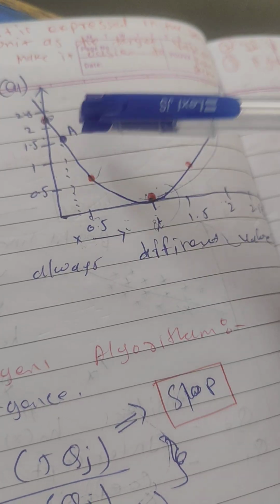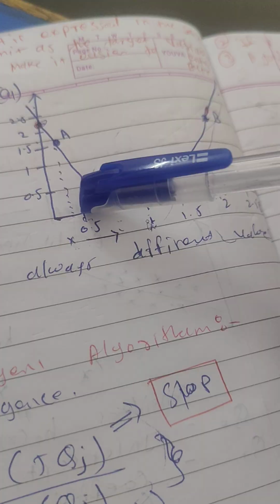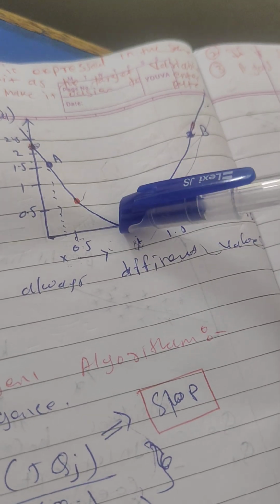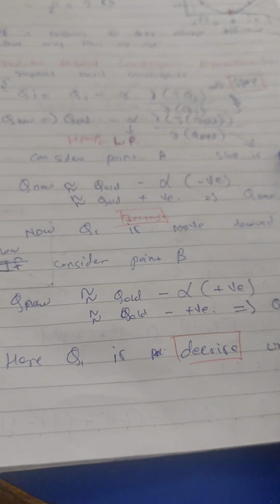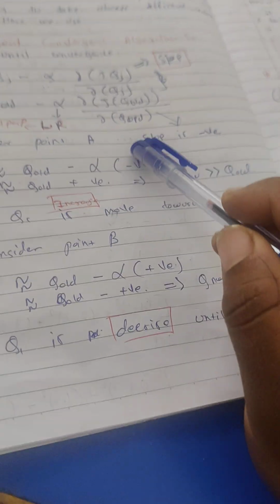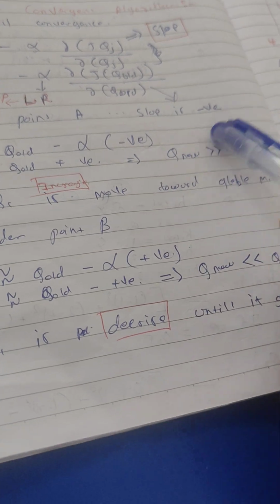If we consider point A, the right-hand side of the line is going down, which means it is a negative slope.